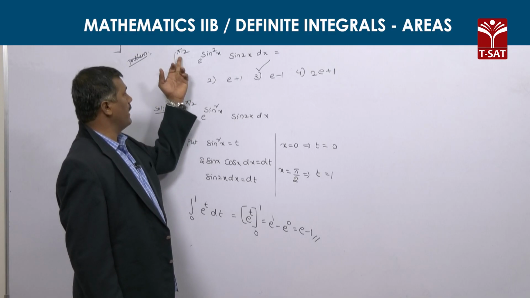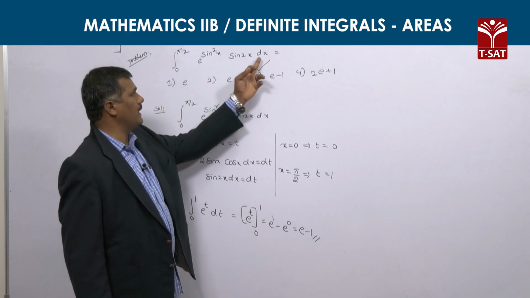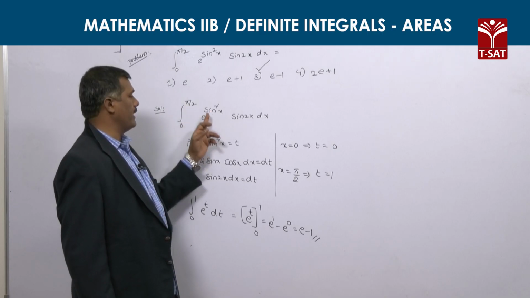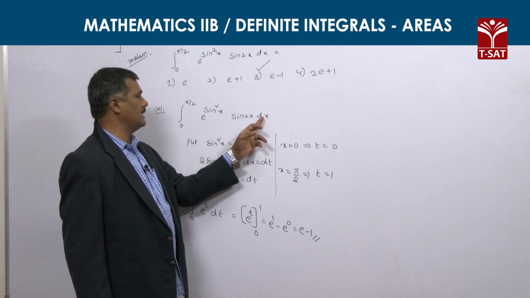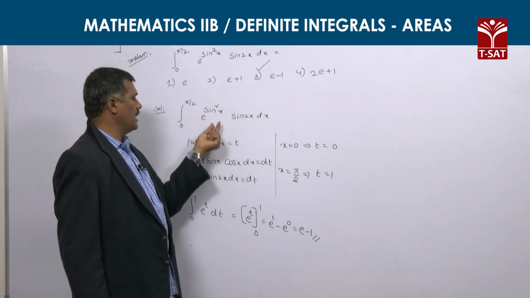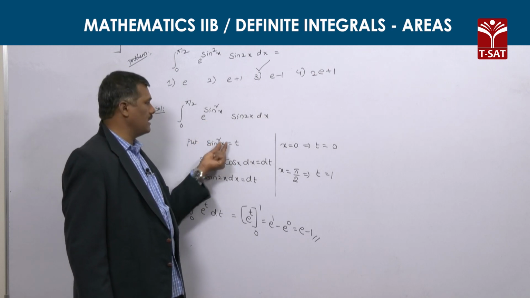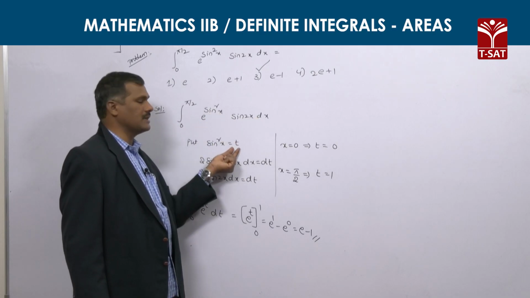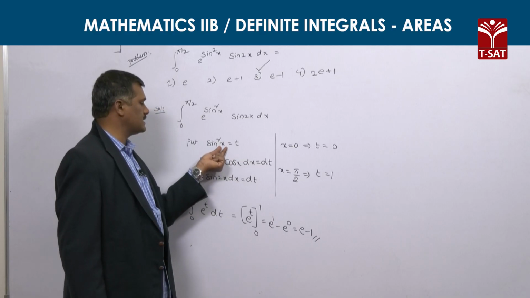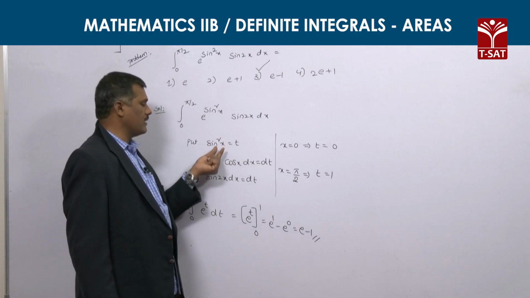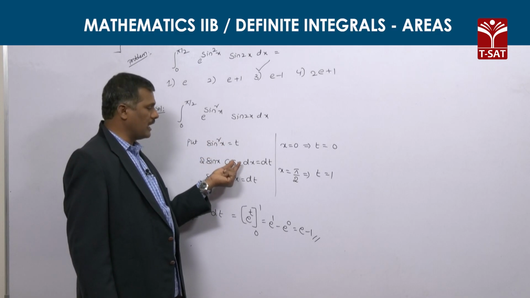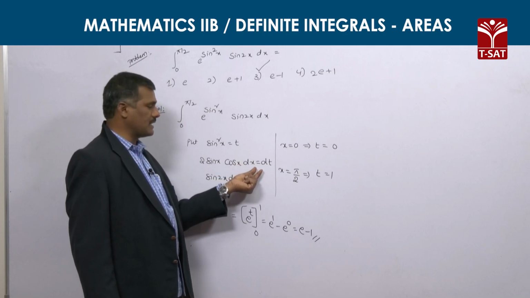Integral 0 to pi by 2 e power sin square x into sin 2x dx. Solution: here, which function should we consider as t? Since sin 2x dx appears here, if we consider sin square x as t and differentiate it, the derivative of sin square x uses the formula for the derivative of f of x whole power n, which is n into f of x whole power n minus 1 into the derivative f dash of x.